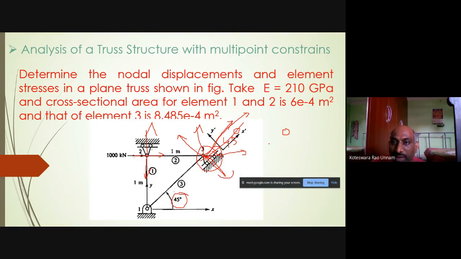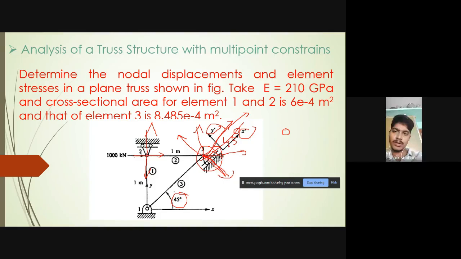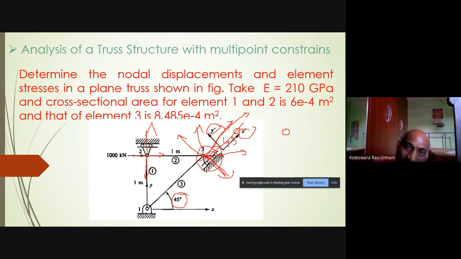So that's why we put it as a new coordinate system, here it is x dash and y dash. What is the displacement in y dash direction? 0, right? Yes, sir. In x dash direction there is a displacement, but in y dash it is 0.